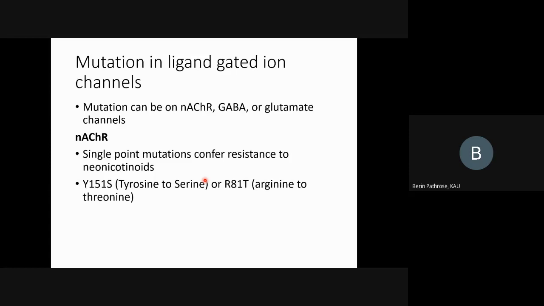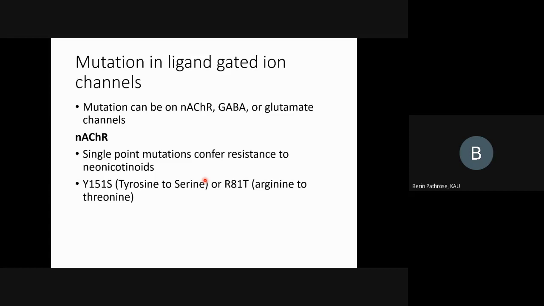So in nicotinic acetylcholine receptors, single point mutation. Here, in many of the insects, what we are seeing is at the 151st position. Tyrosine was there originally in the original nicotinic acetylcholine receptor. If you compare the susceptible one and the resistant one, in the susceptible one at the 151st position of this gene we have tyrosine, but in the resistant one it is replaced with serine.